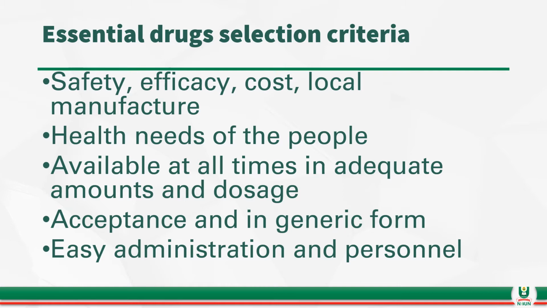In other words, the drug must do what it's intended to do, the purpose for which you are using the drug, that is the efficacy. You look at the cost implication of such drug, and if it is locally manufactured. You also consider the health needs of the people. Of course, you won't be getting drugs that the people don't need. And such drug must be available at all times in adequate amount and dosage form.